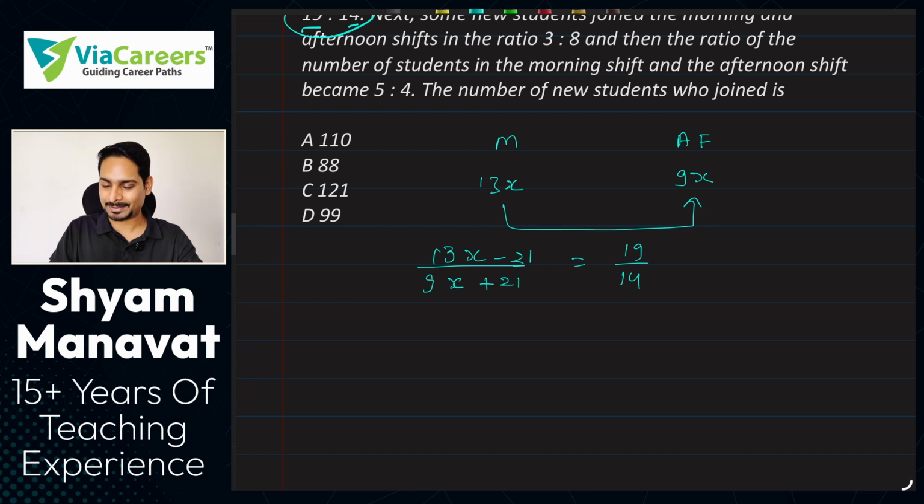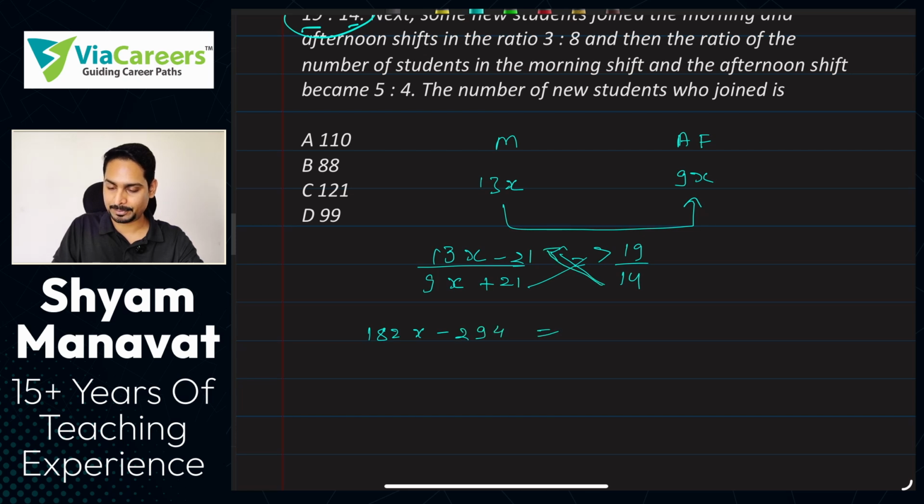Let's look at that. So if we cross multiply here, what do we get? We have 19 into 14, which is 182x minus 294. If I multiply 14 this side, and 9x plus 21, if we multiply by 19, we get 171x plus 399.